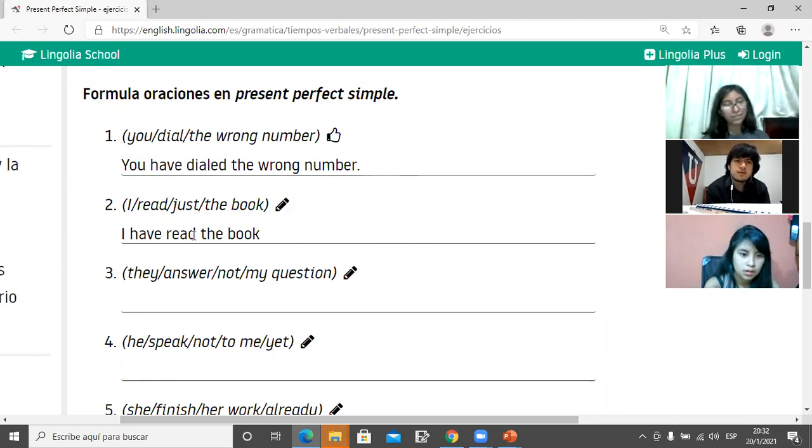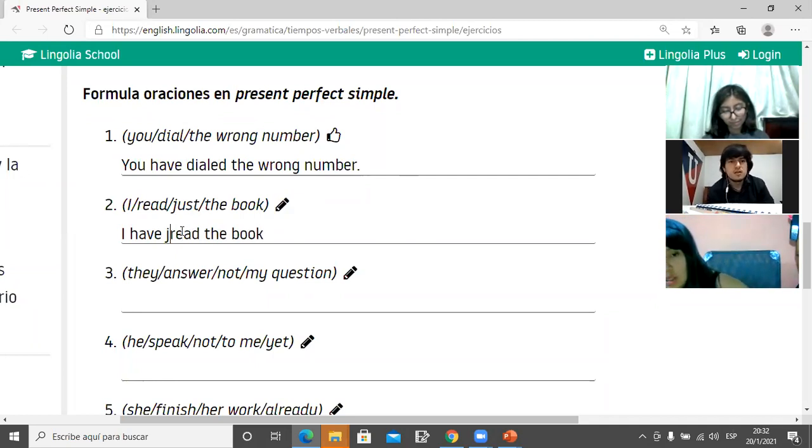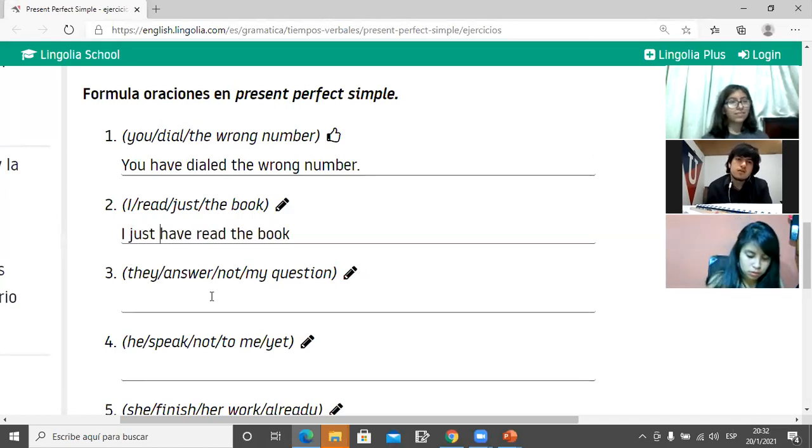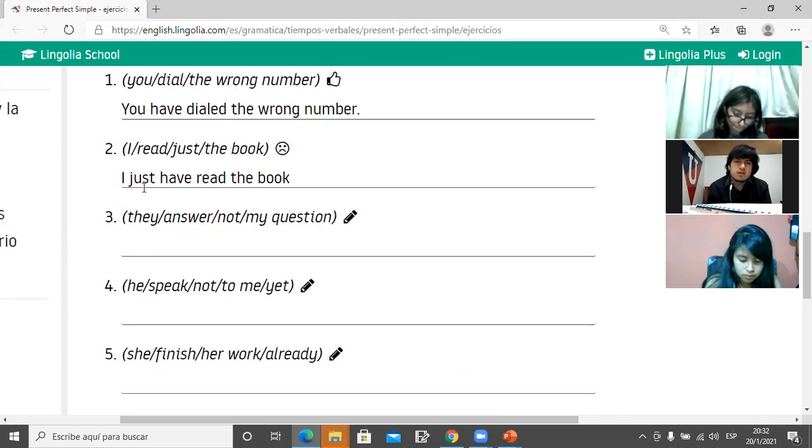I have just read, or I have read just? Or I just have? Okay, let's try it. I just have read the book. I think I have just read the book.